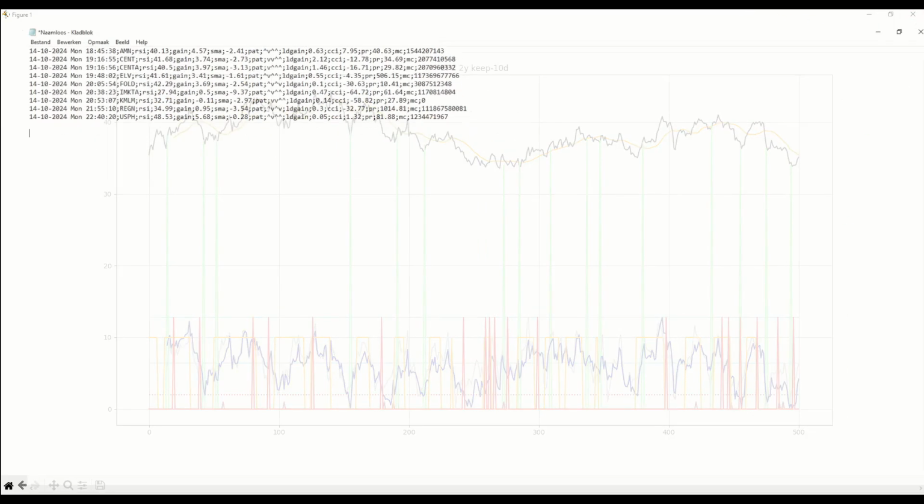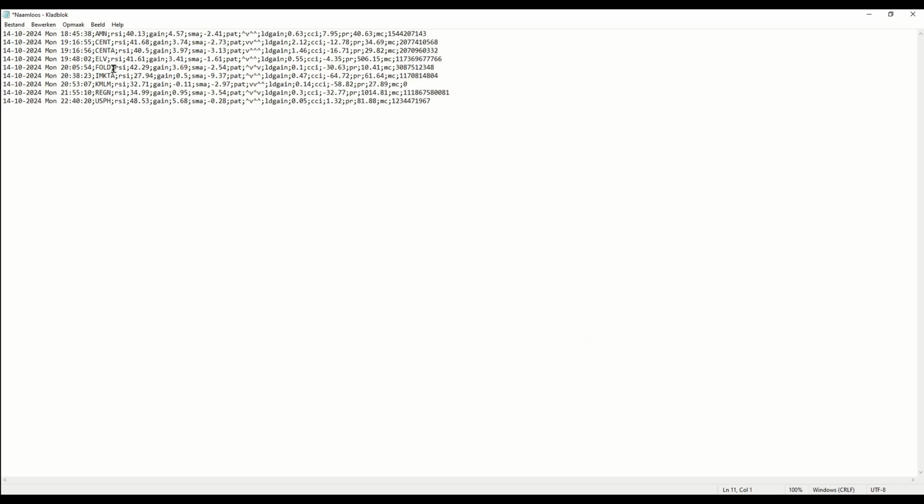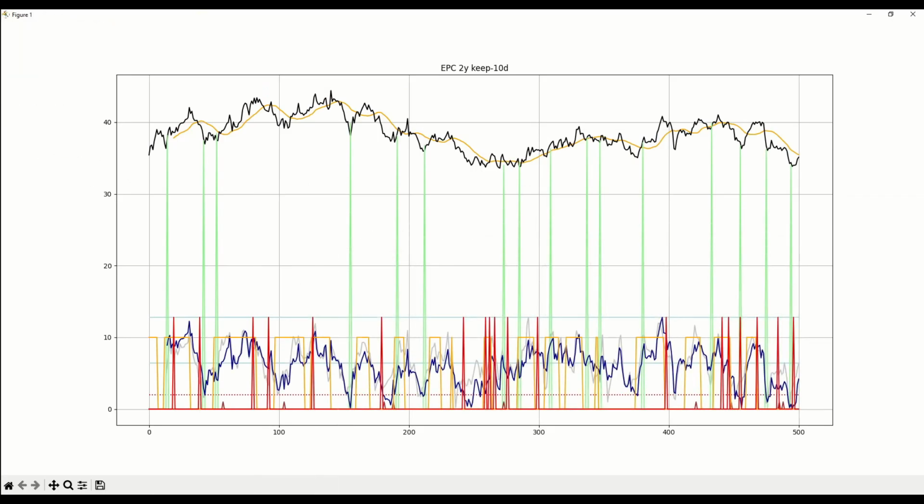So let's go to the other part I wanted to show you. We have some trading ideas here baked up, and then let's see if I can normally copy and paste it from my notepad.